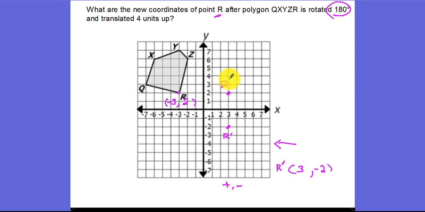I will have here R double prime. Alright, so we rotated R into here. It became R prime, and then translate 4 units upward. 1, 2, 3, 4. So the new coordinates, the answer should be 3, positive 2. And this should be the answer that we have to provide.